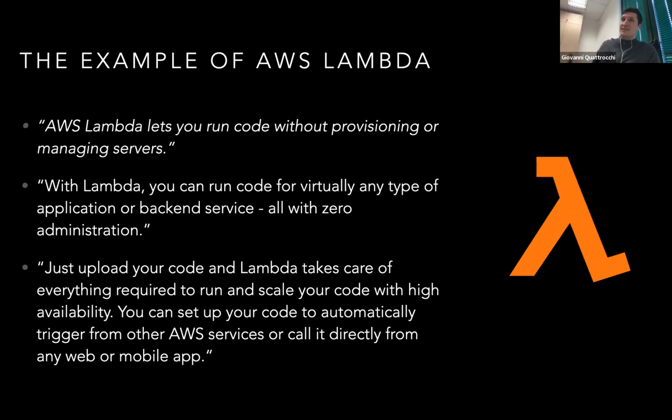So the serverless service in AWS is called AWS Lambda, and the web page of AWS Lambda, just to give you a sense of what it provides, says: AWS Lambda lets you run code without provisioning or managing servers. With Lambda, you can run code for virtually any type of application or backend service, all with zero administration, and so on.